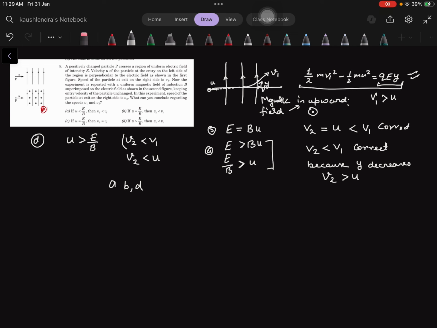Now if it was exerted in the magnetic field where the B should be in upward direction, the first thing that we have is E is equal to BU. If E is equal to BU, then we know that V2 is also equal to U only, and we already know V1 from the initial case.